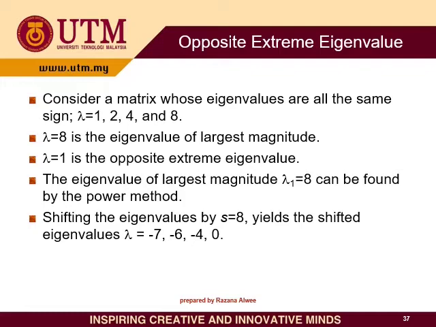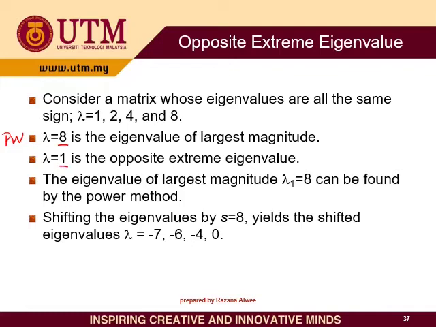Right? So eigenvalue 8 here is the eigenvalue of largest magnitude. If you want to find the largest magnitude here, you can use our power method. If you remember, our power method is to find the eigenvalue of largest magnitude, right? But eigenvalue 1 is the opposite extreme eigenvalue.